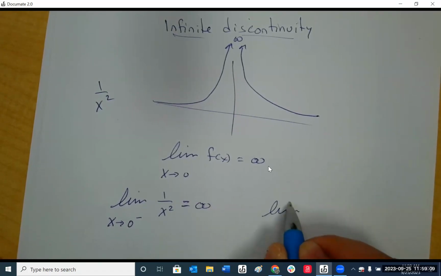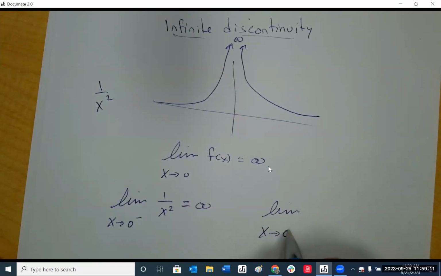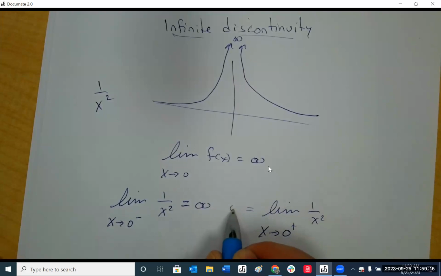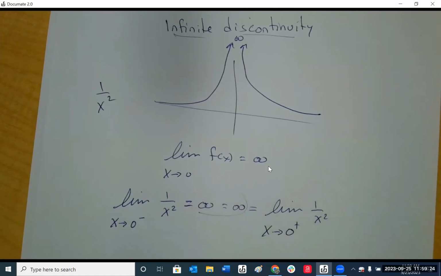The limit as x approaches 0 from the right of 1 over x squared equals infinity. And they're equal. So the limit is infinity. It's a discontinuous function, yes, but the limit is infinity. As we get closer to 0, it just disappears.